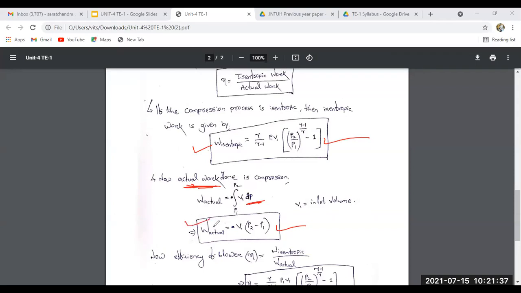Work done is integration of V dP. This is the formula to calculate actual work done for a root blower compressor. We are going to use the same formula for our current question and we'll get the answer. You see how I am doing it.